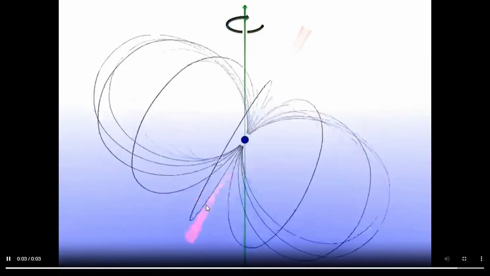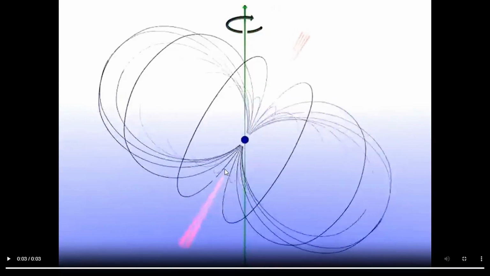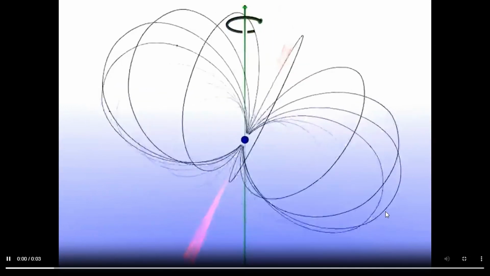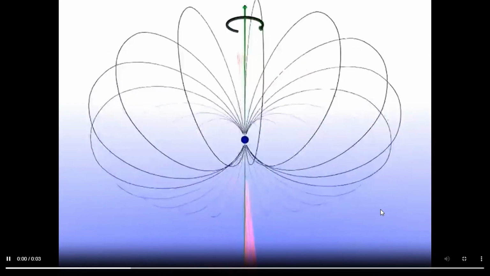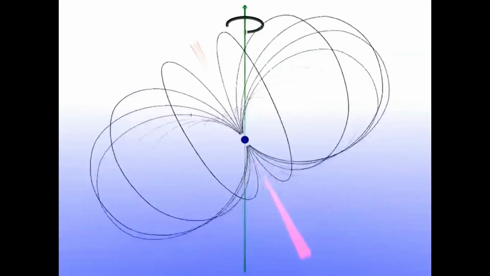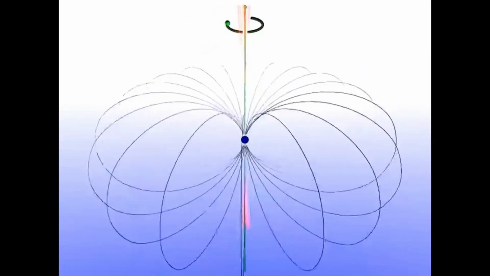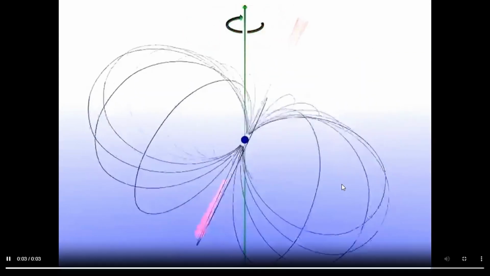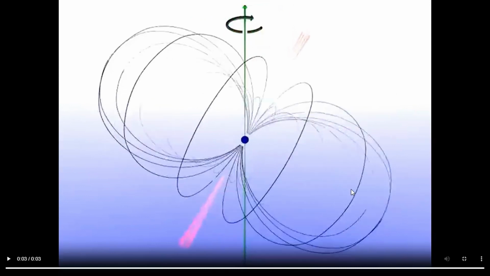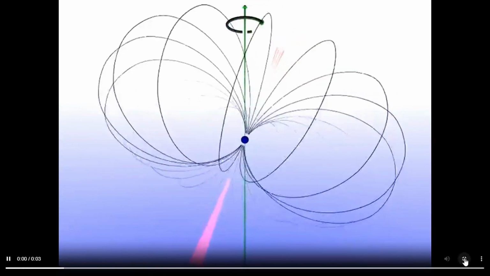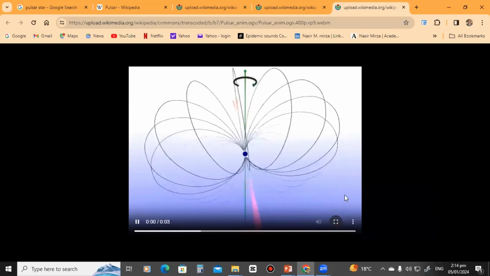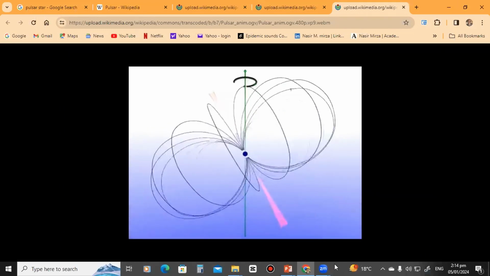The beam which is coming out from the poles is searching sort of like a lighthouse beam. So that's a neutron star simulation.